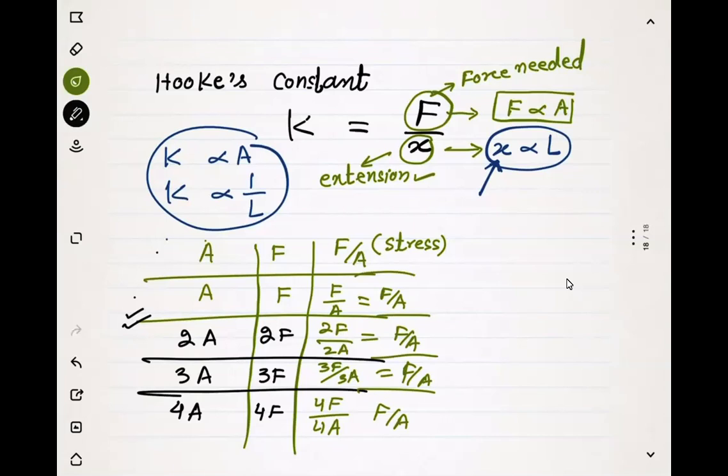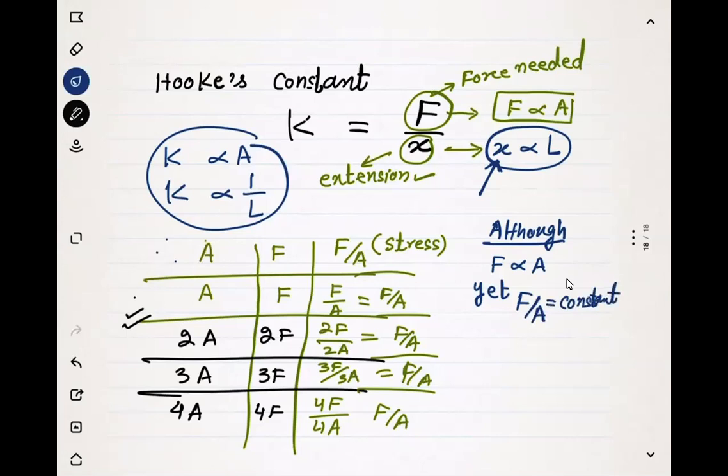Even if you are changing the area, F over A remains constant. So we can make a conclusion: although F depends on area, yet F over A is a constant as it is independent of the area.